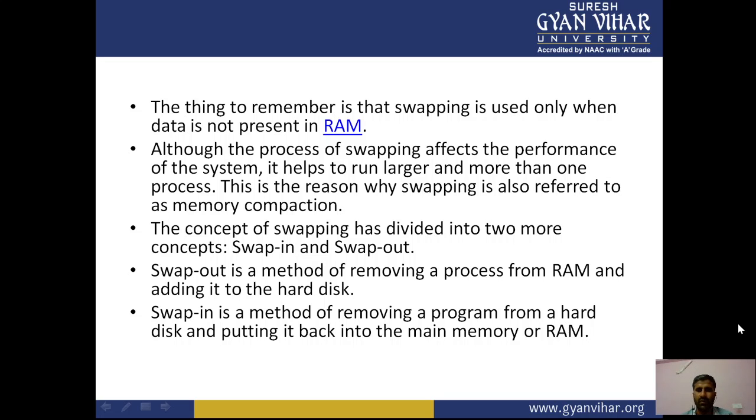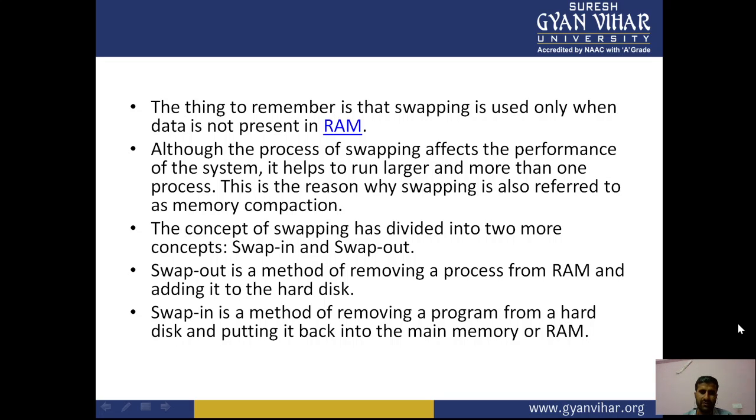This is the reason why swapping is also referred to as memory compaction. The concept of swapping is divided into two main concepts, that is swap in and swap out. Swap out is a method of removing the process from RAM and adding it into the hard disk, right?